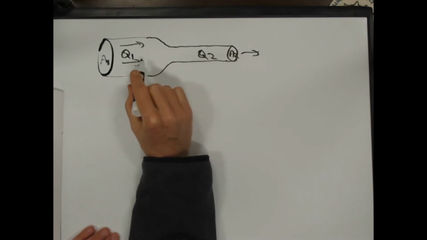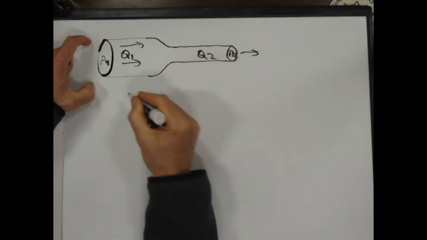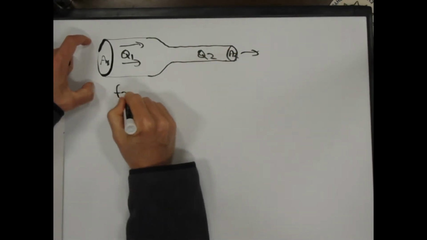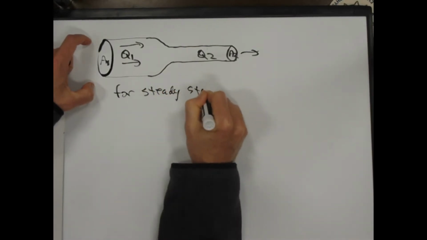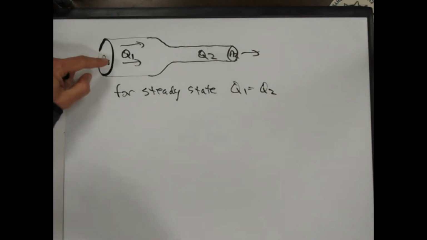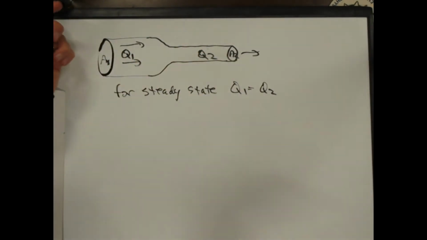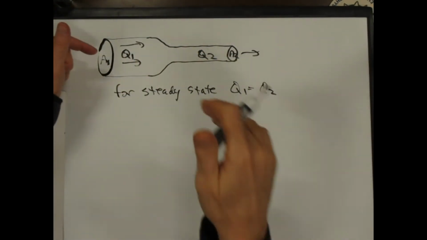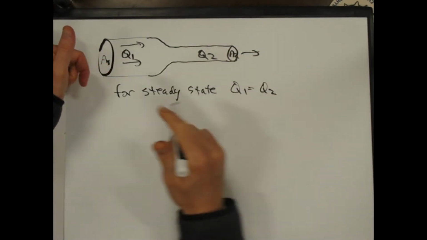But if you think about this for a second, in any steady state system, if this thing's been running for a while, how much volume per second is coming in here has to equal the volume per second that's going out there, as long as the fluid is incompressible, right? And so Q1 and Q2 have to be the same, right?